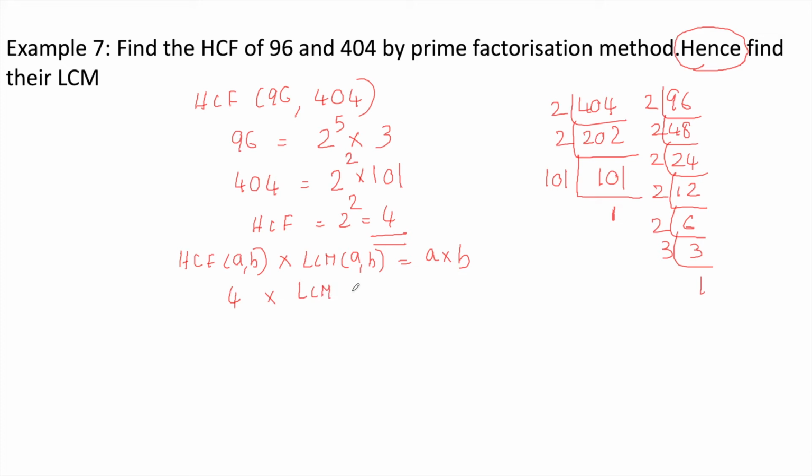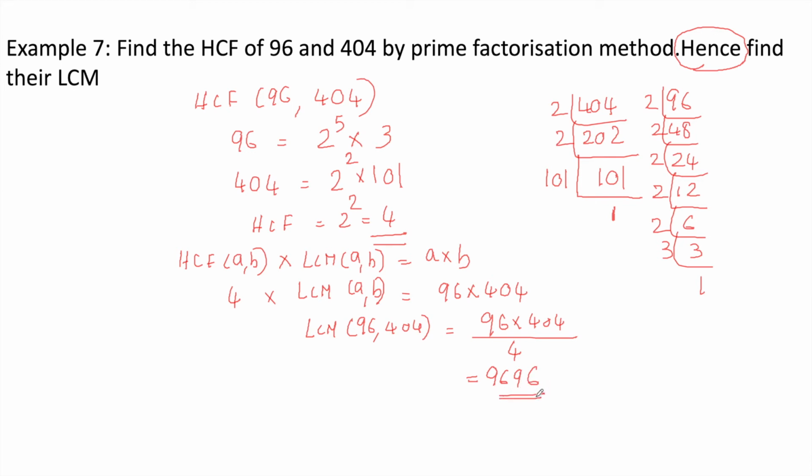LCM we have to find out. A into B is 96 into 404. So LCM of 96 and 404 is 96 into 404 by 4. After calculating this, we will get 9696 as the LCM.